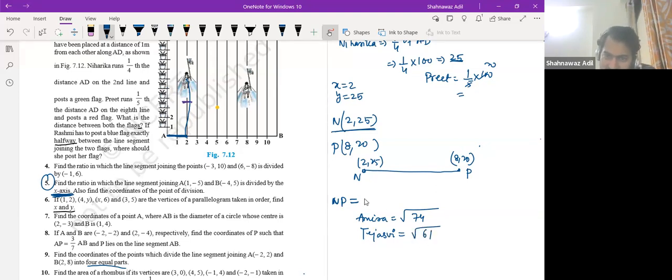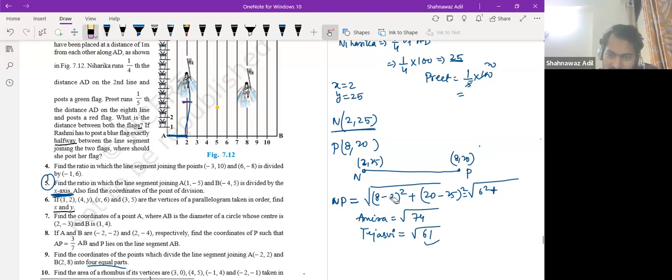So there is a disagreement between you and Meena, right? X2 is 8, X1 is 2, and Y2 is 20, and Y1 is 25. Sir, I am wrong. I wrote 8 minus 1, not 2. So you know the answer and the calculation as well, but you wrote the wrong number. Please be careful of that, right?